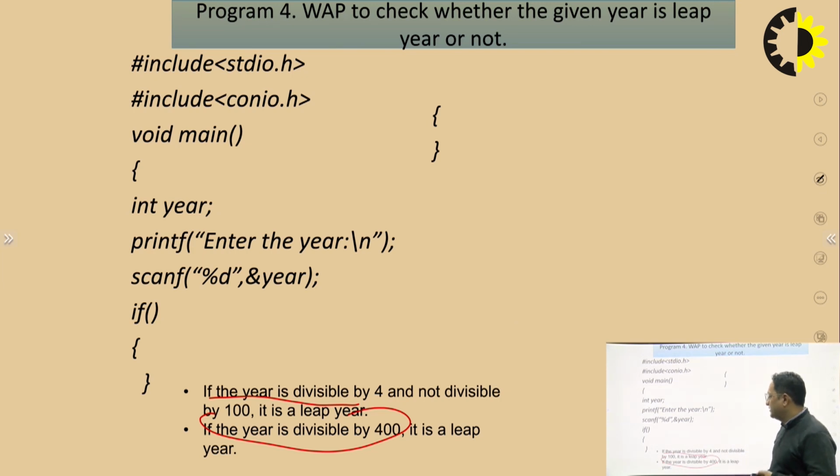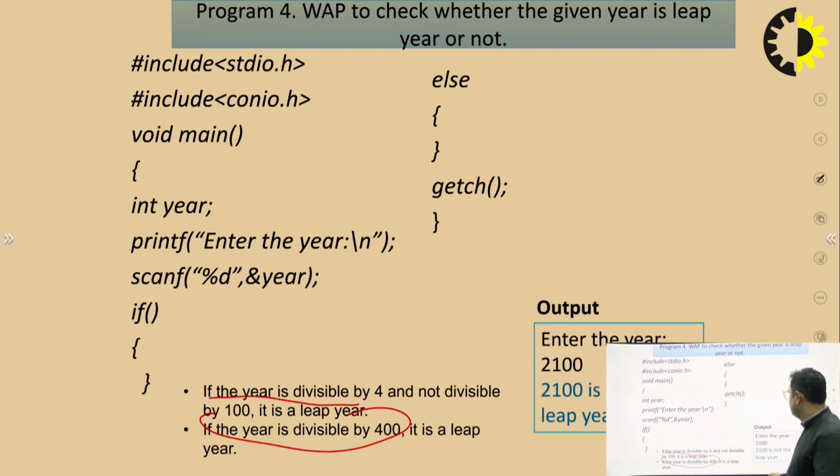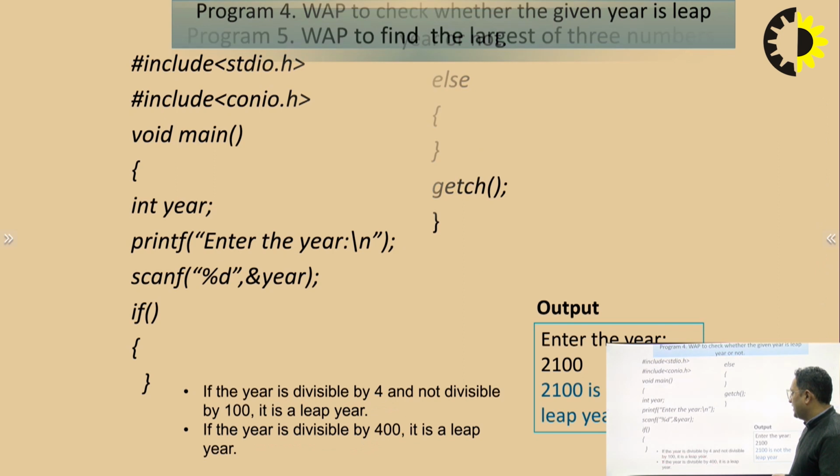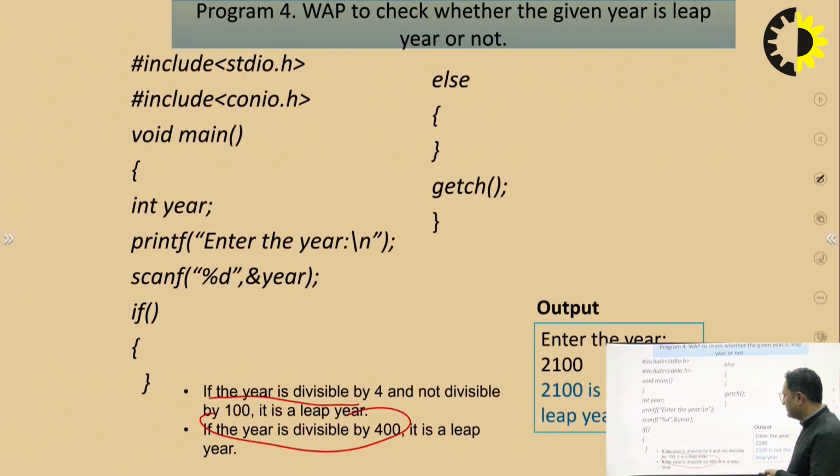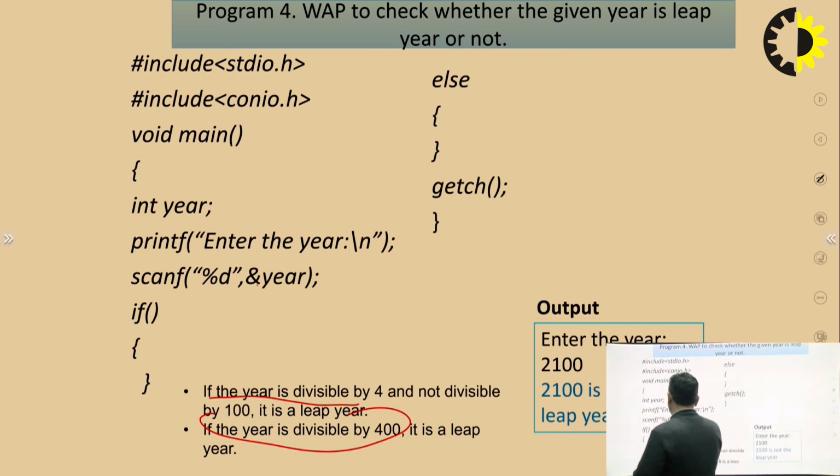Now what will happen is, we will have all these blocks there, correct? And all these blocks there to get executed within these if and else blocks.